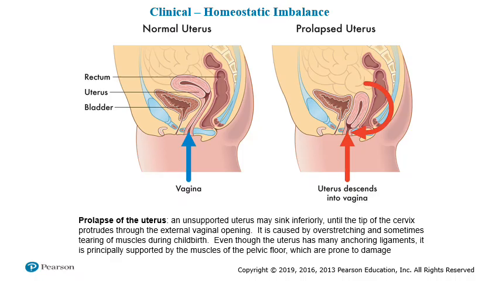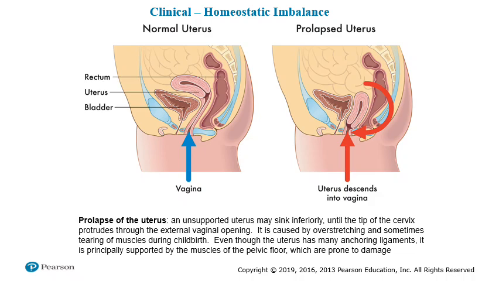And here's another homeostatic imbalance of the uterus. This is called prolapse of the uterus. This happens when an unsupported uterus sinks down into the vagina and eventually moves out of the vaginal canal until the tip of the cervix protrudes through the external vaginal opening.